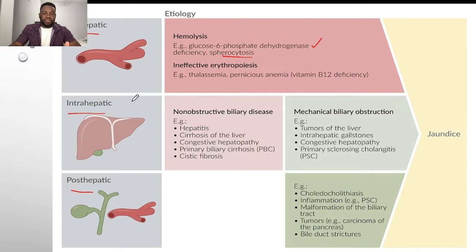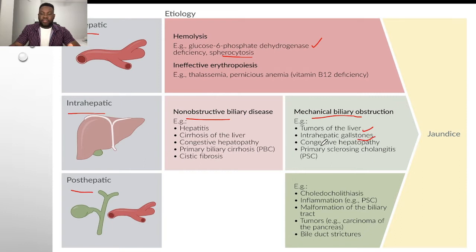Let's look at intrahepatic. Intrahepatic, we can have two types. It could be due to non-obstructive biliary disease or mechanical biliary obstruction. So if it is due to mechanical obstruction, if there's obstruction inside the liver, so it's still intrahepatic obstruction, like a liver tumor can cause that. We can also have intrahepatic gallstones.